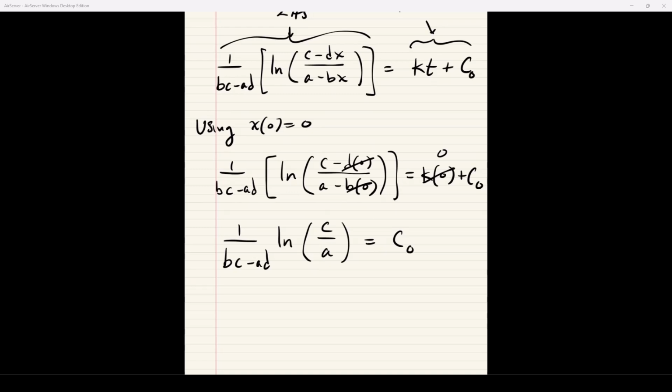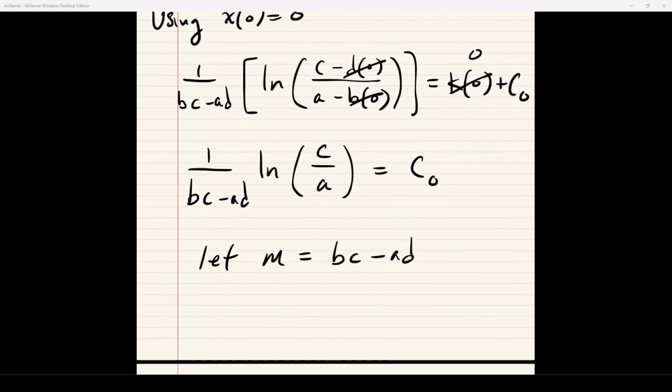Okay, it's coming along. Let's simplify a little bit, and let's say let m equal this bc minus ad expression, because it's going to come up a couple of times. So we could just write c naught, which is that constant of integration, equal to 1 over this m value times the ln of c over a, which are given parameters in the original differential equation.